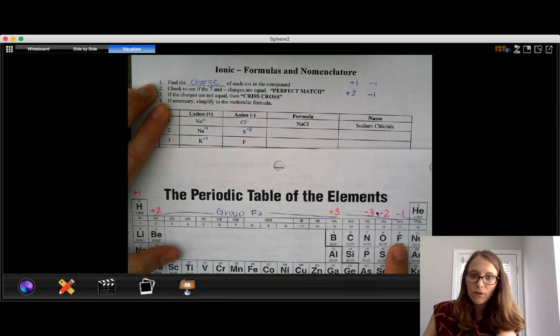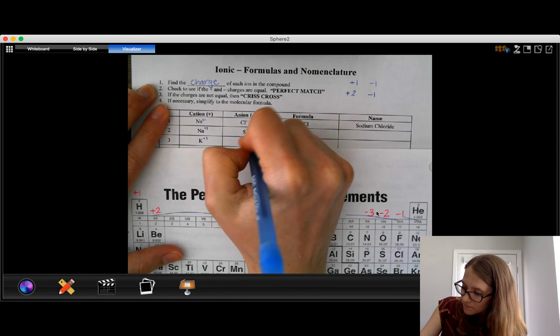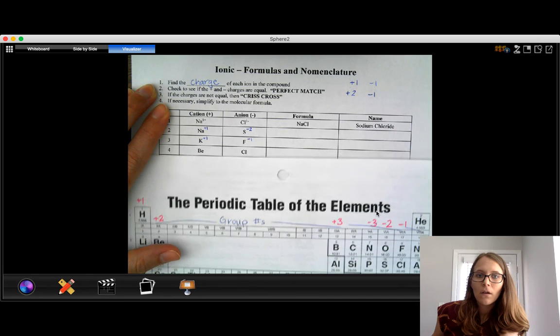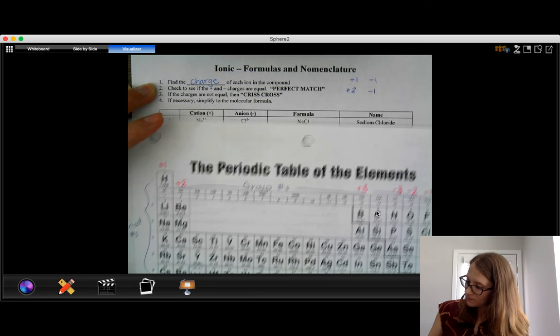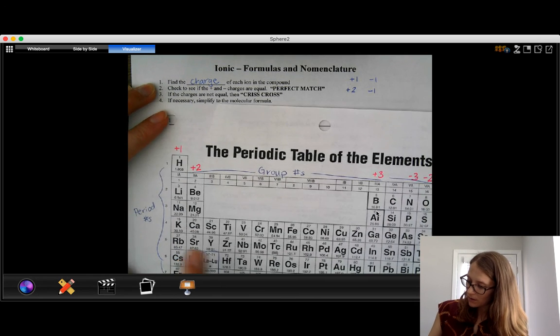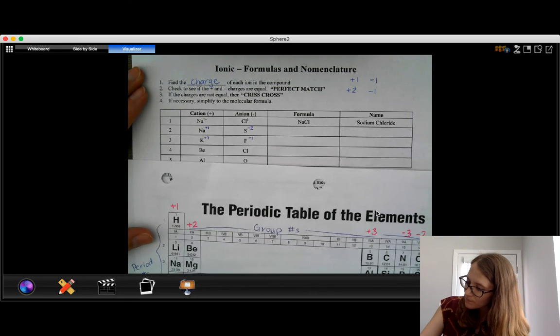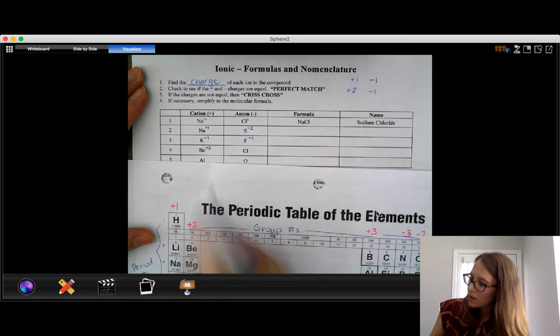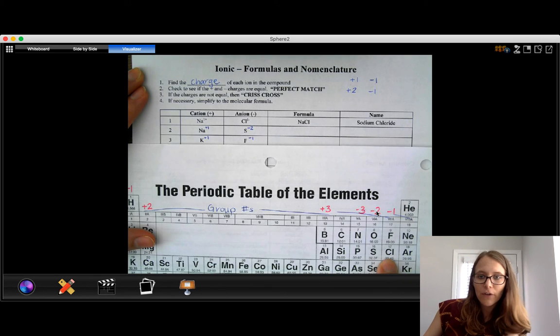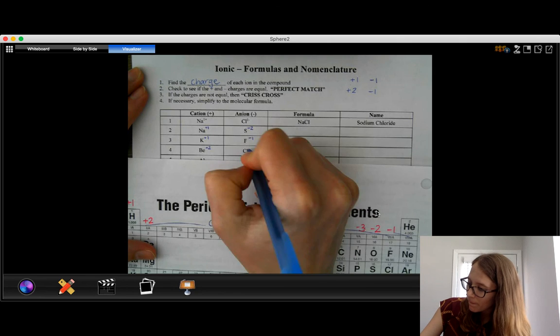Fluorine over here, that's a -1. Beryllium is over here. Excuse me. That's a +2. Chlorine over here, that's a -1.